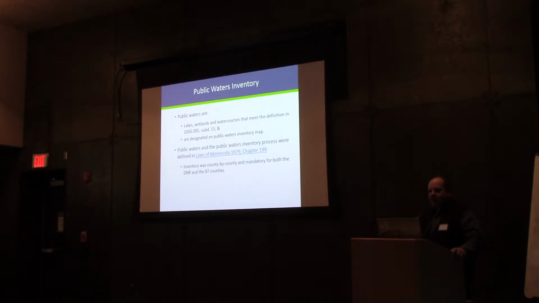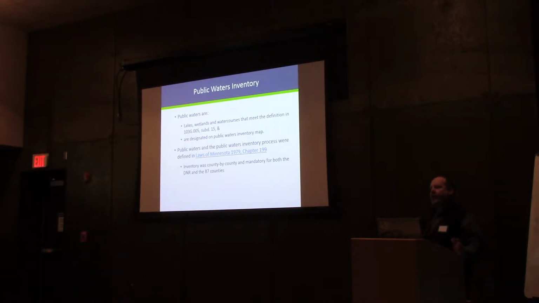Okay, so public waters are lakes, wetlands, and watercourses that meet the statutory definition and that are designated on the public waters inventory map. So I have that legal definition, but the idea of doing the inventory was that once the inventory process was done, nobody had to have the discussion, is this a public water or isn't it?